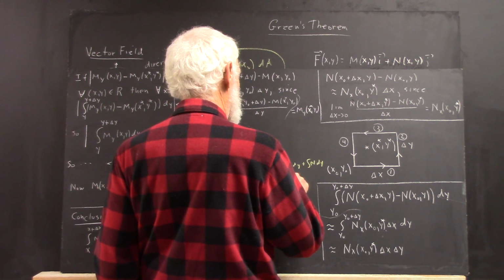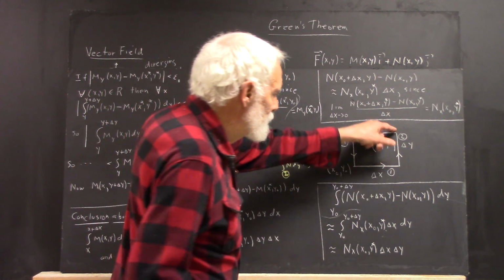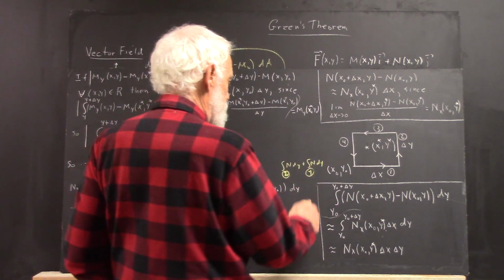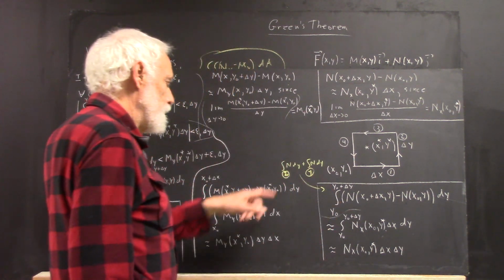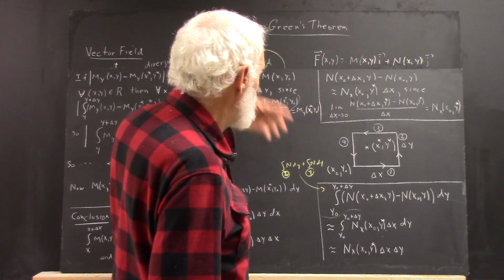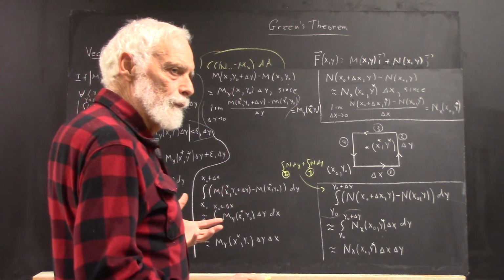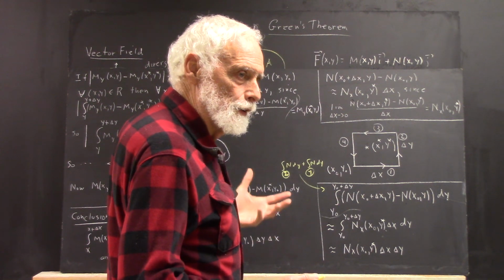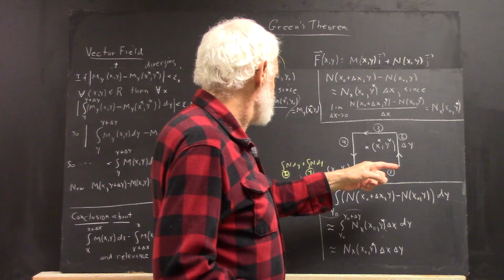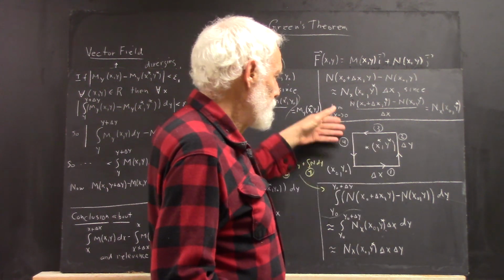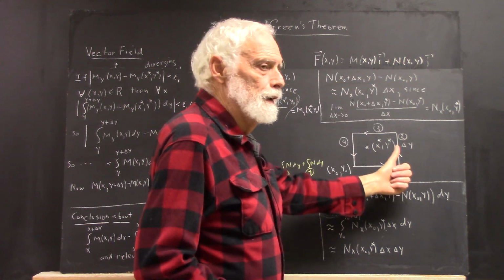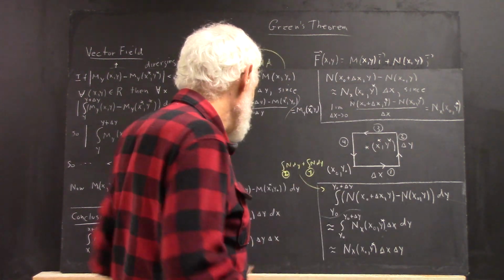Okay. Part 2 of the path and part 4 of the path. So it should be clear that what we have here is the integral over the second part and the integral over the fourth part. And it's the integral of the entire function, because there's no change in x between here and here. And only the y component of the function is integrated with respect to this path, so that's what we have.